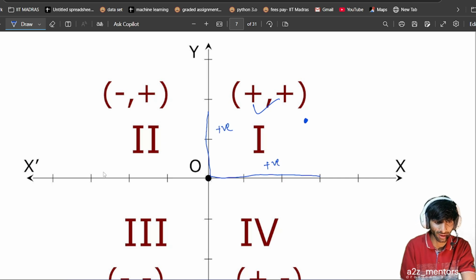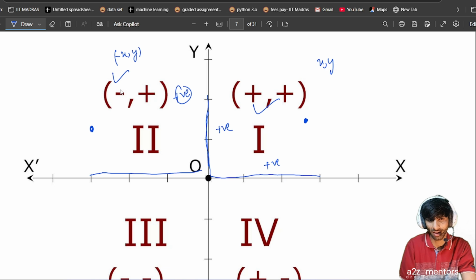But if the point is here, the x-axis is negative and the y-axis is positive. So this will be the case of minus comma plus, that is minus x comma y, and the first quadrant will be x comma y.